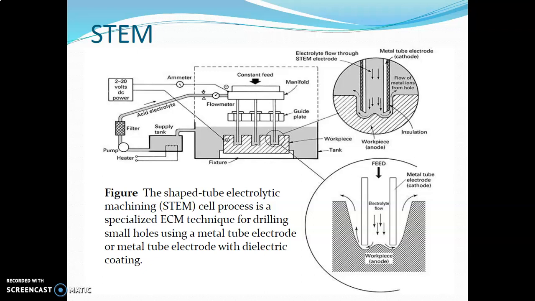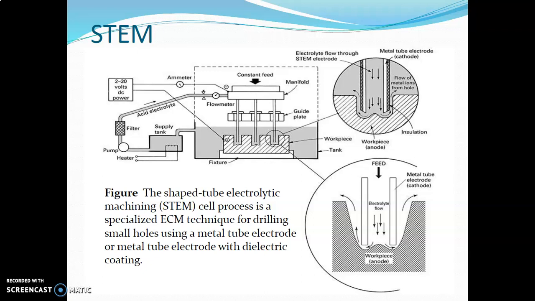So what we can do is make a number of tools fixed on one plate. Here we have a menu, and all the electrodes are in the same pattern. Those are the pattern we want to create as holes on the workpiece.